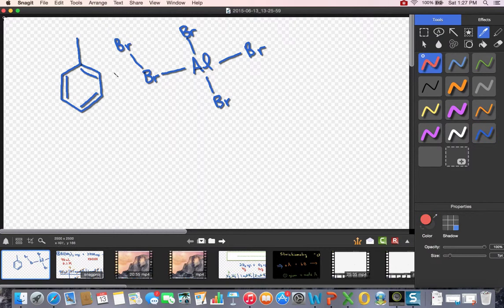And so mechanistically, we're going to find that we are going to make a carbon-bromine bond. The bromine-bromine bond is going to break.